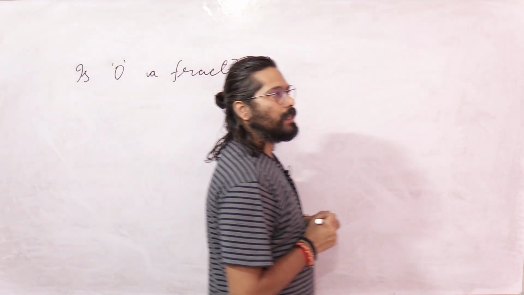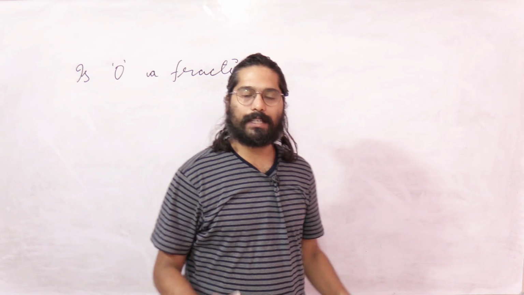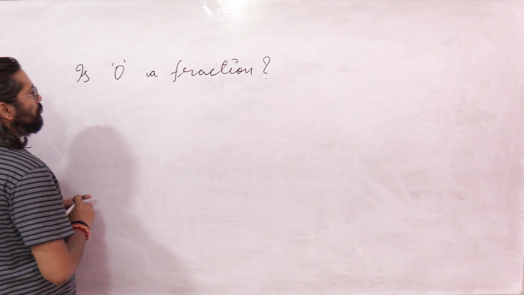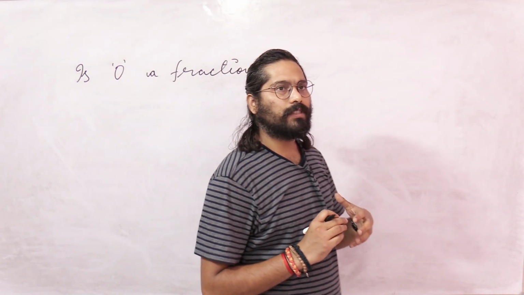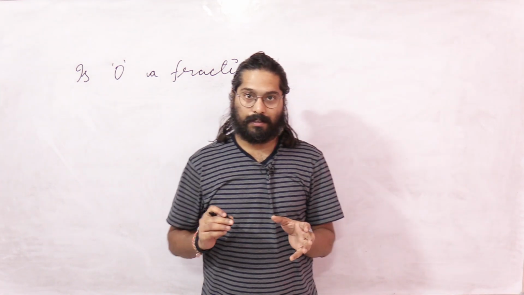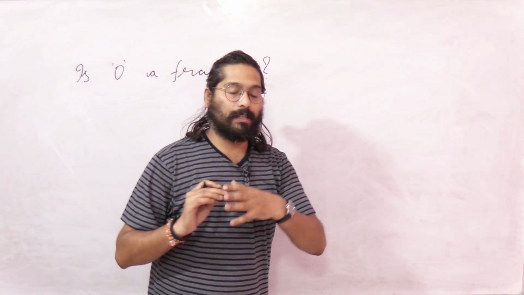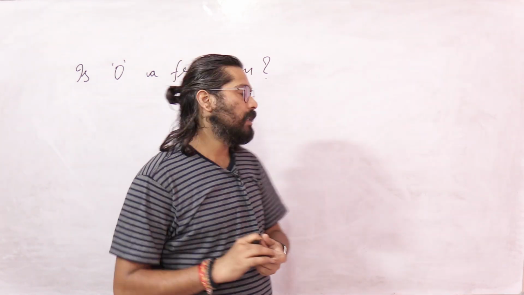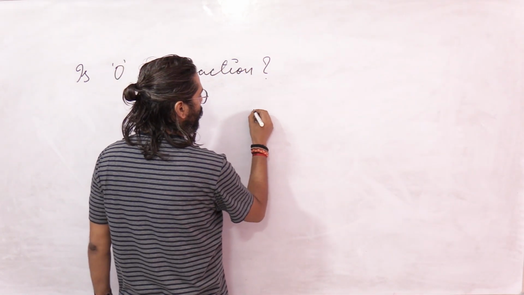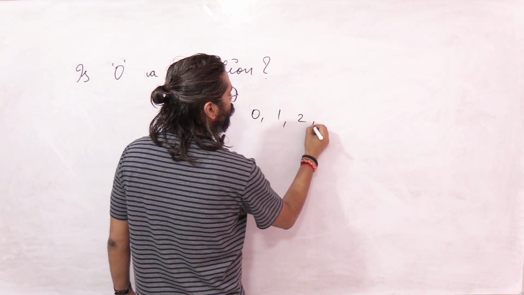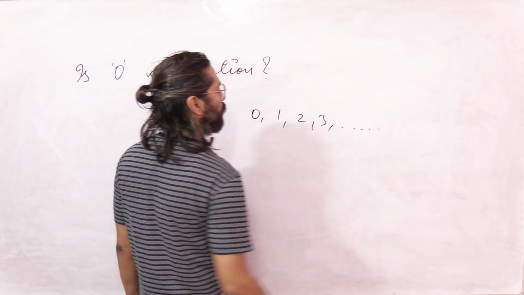First, let us try to understand the definition of 0 quite clearly. 0 is defined in many ways. Some mathematicians define 0 to be a natural number, like 0, 1, 2, 3 and so on.